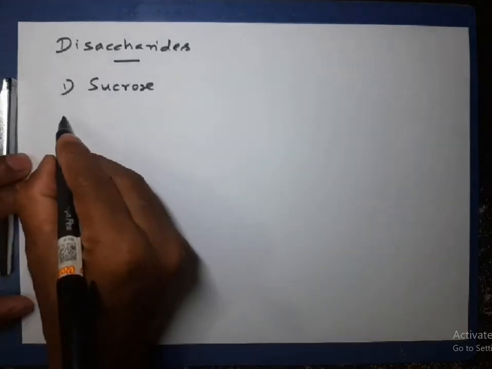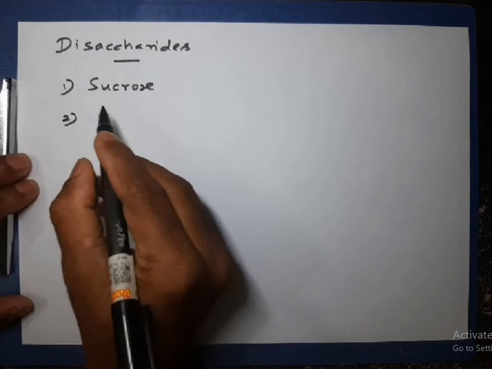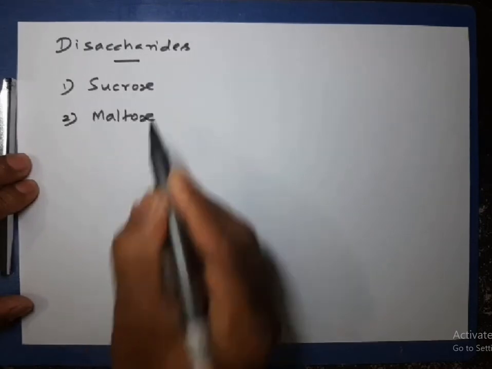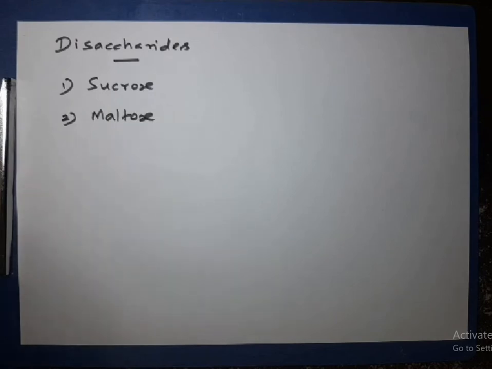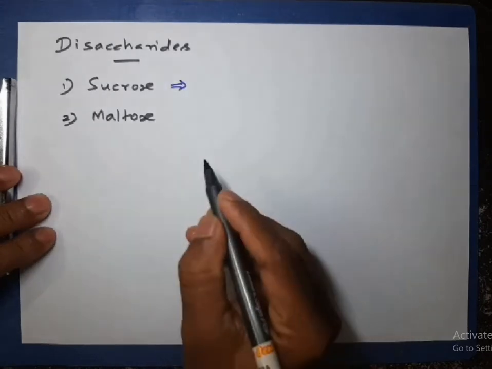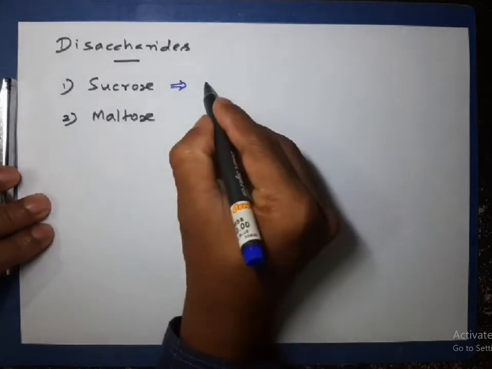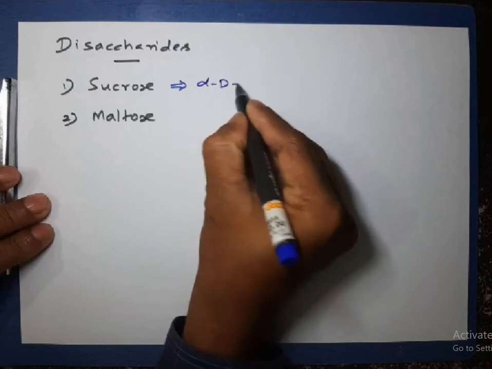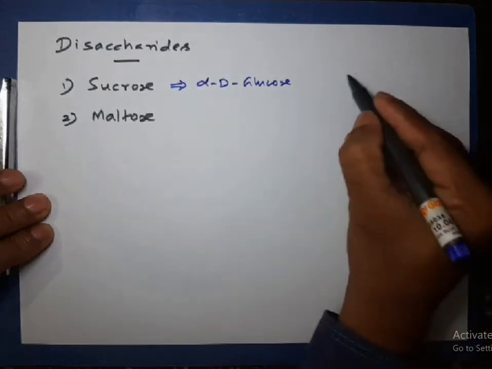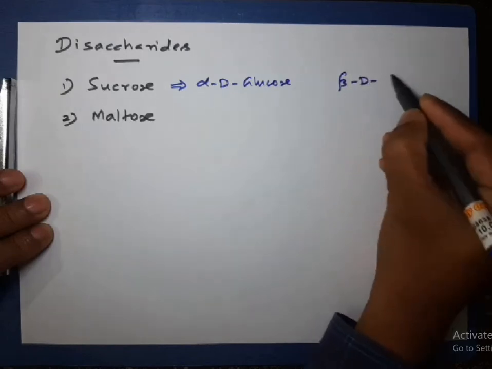So what we are going to do now is the second disaccharide, which is nothing but maltose. I have already told you sucrose. Sucrose is a disaccharide, consists of alpha D glucose and beta D fructose.